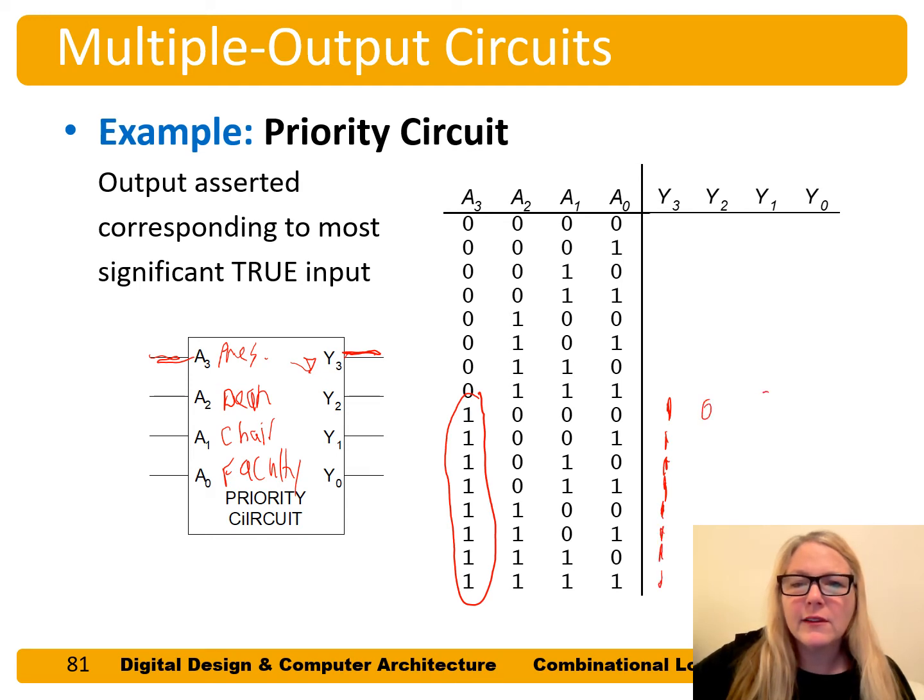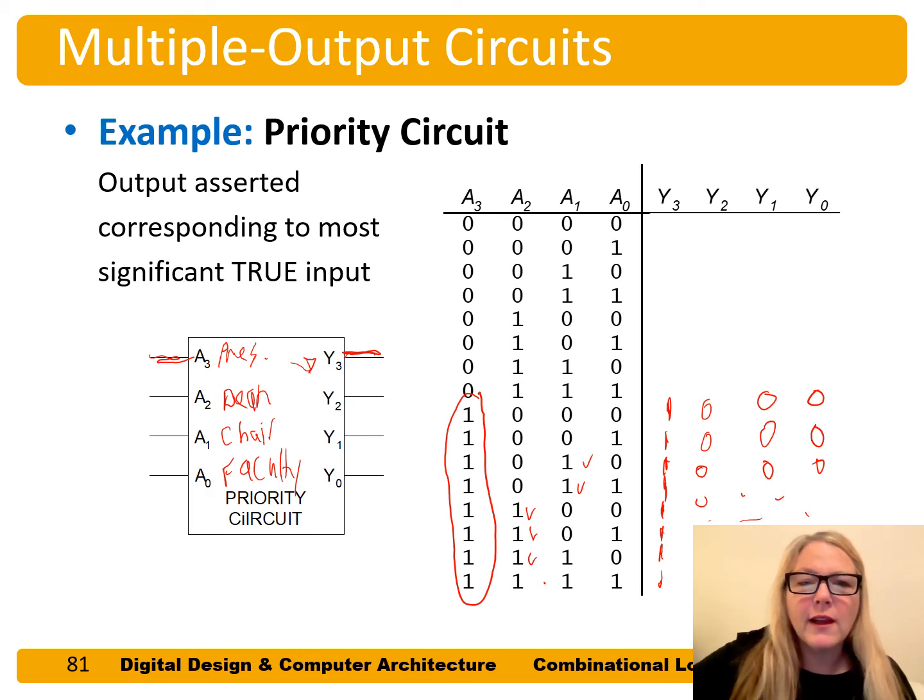So all the other outputs say 0. Even if you wanted to use the room, all of these ones requesting it, out of luck. Someone with higher priority requested the room. And so when A3 equals 1, Y3 equals 1.